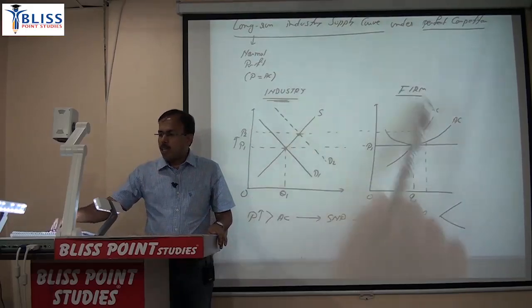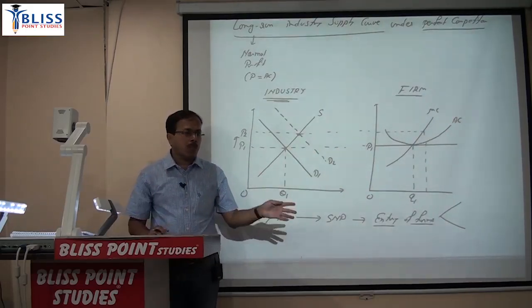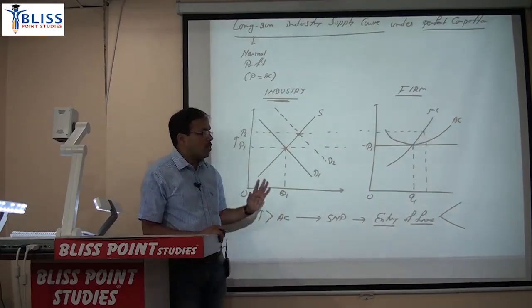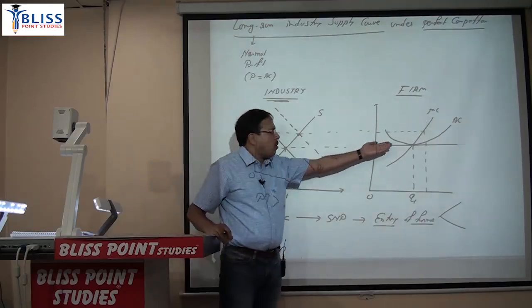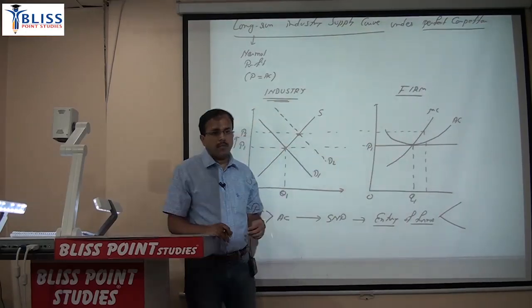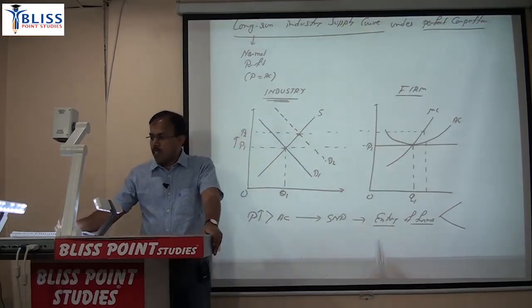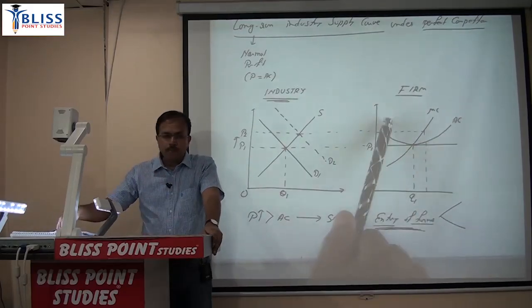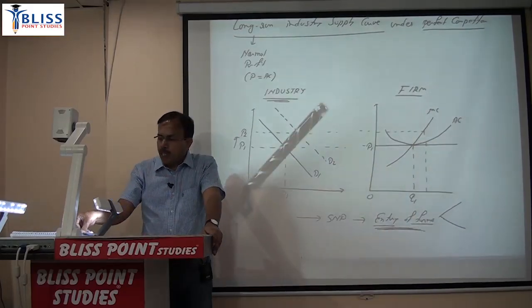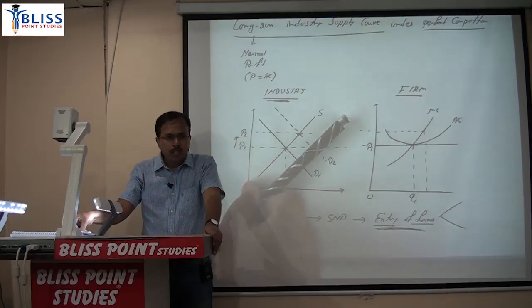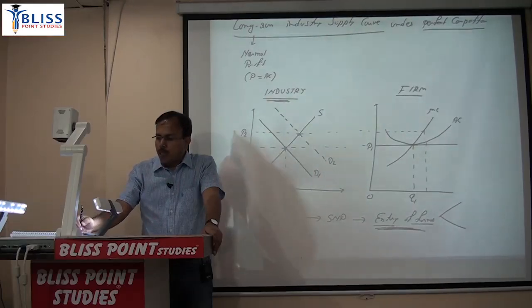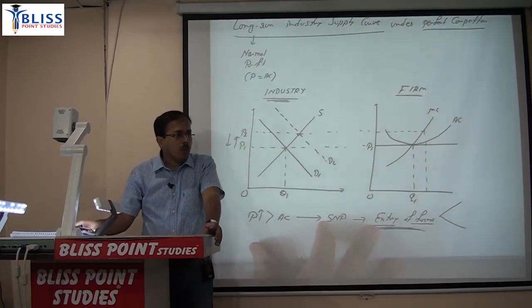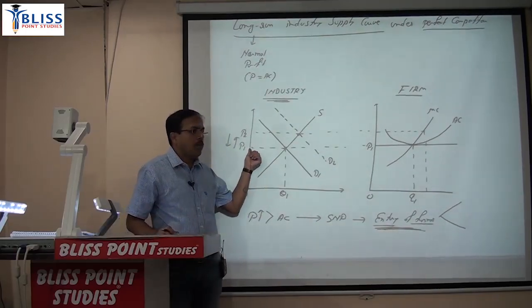If I use this diagram for a constant cost industry, then let me explain the process first. If it is a constant cost industry, that means I will not shift the average cost curve. So if the average cost curve will not shift, what is the impact of entry of firms? The cost curve remains the same, but due to entry the supply curve will shift to the right. As the supply curve shifts to the right, price will fall and it must return to the same original level.